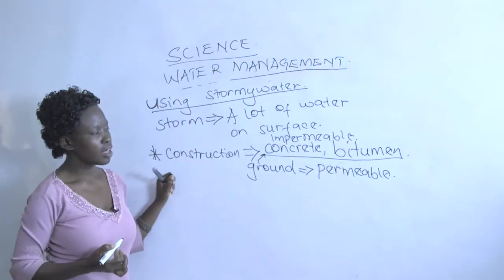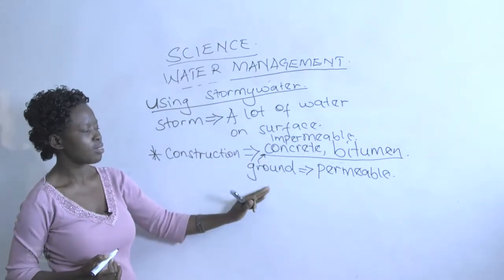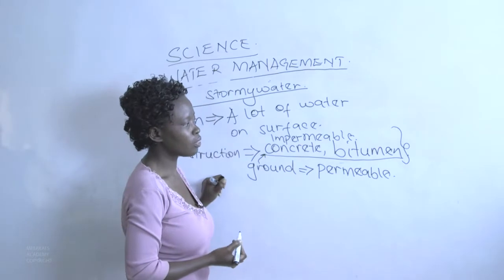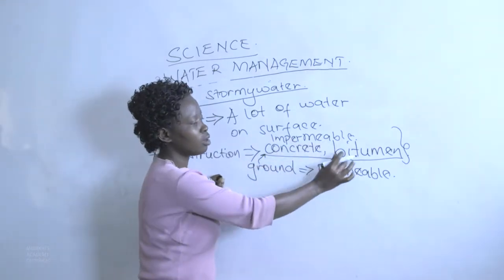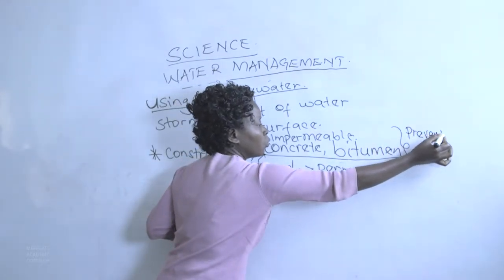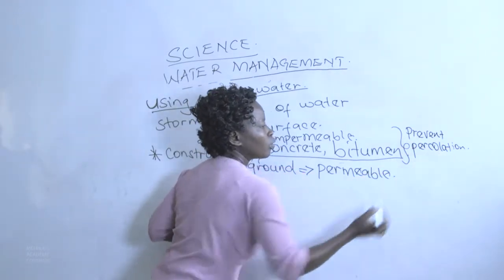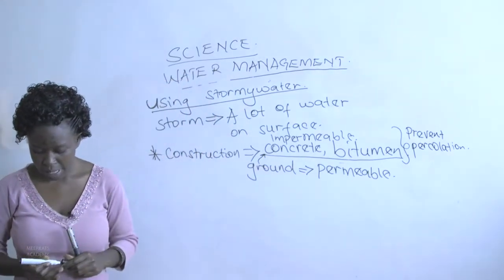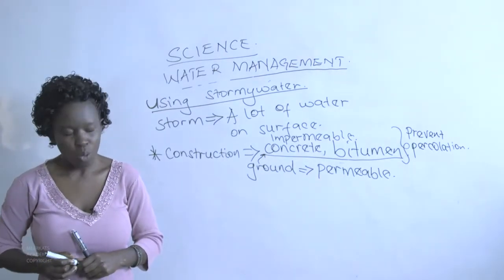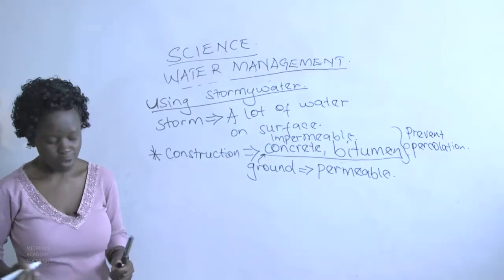So since the ground has been made impermeable, then it means if rainfall falls, this water is not going to seep underground. So the impermeable concrete and bitumen will simply prevent percolation. So since percolation has been interfered with, there is a lot of water that will appear on the surface. So when it rains, water will fall from the roofs.